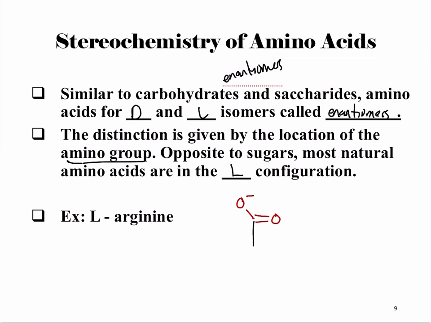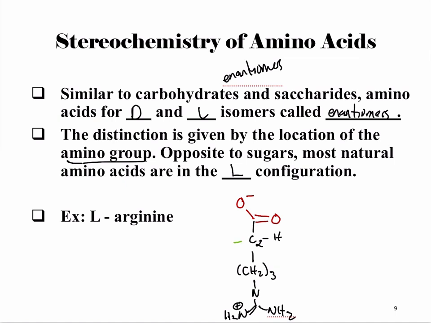That then goes down to what our alpha carbon is. I'm going to give it a little more space because arginine has a very long R group. And then below we have the R group, which was CH2 three times, and then that was bonded to an N, which is then bonded to another carbon that was positively charged, and then NH2 here. This is what the arginine R group looked like.